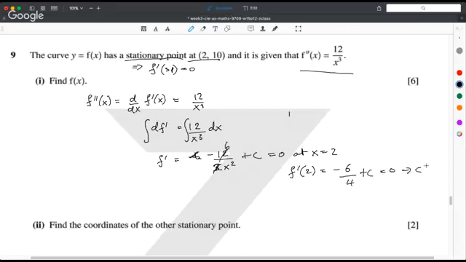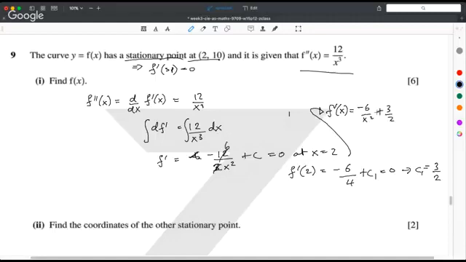So that means that c is equal to, I'm going to call this c1 suggestively, c1 is therefore equal to 3/2. So that's all very well and good. That gives us f prime. So f prime of x is equal to minus 6 on x squared plus 3/2.